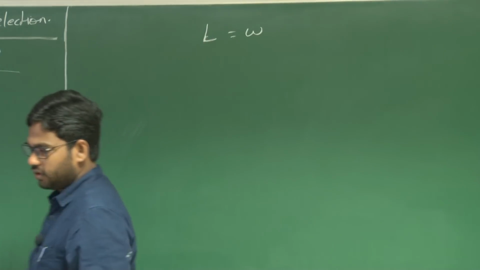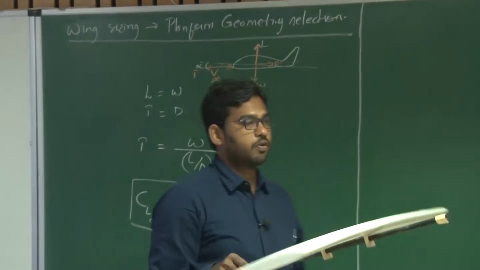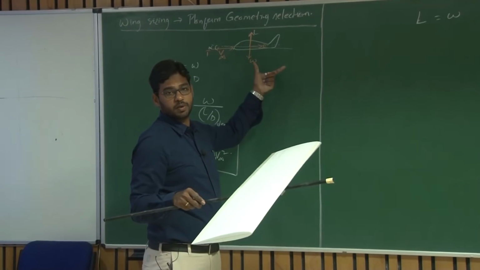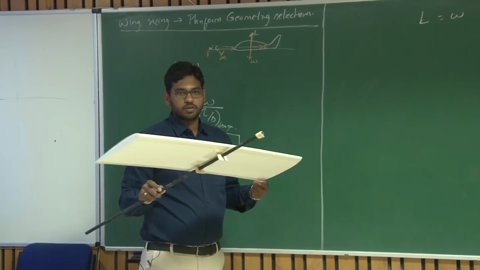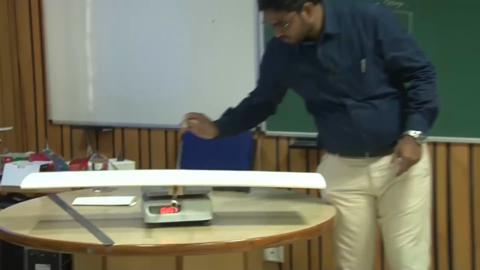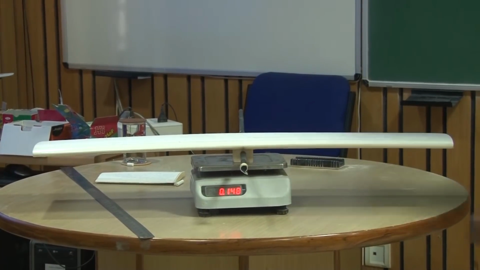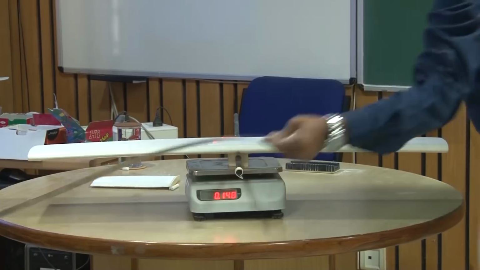So if this is my wing, we need to design this wing to perform this particular cruise, which is a major part of the mission. By the way, the weight of this wing is approximately 150 grams.